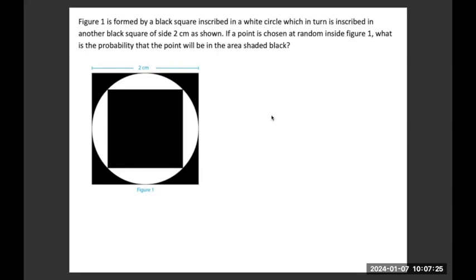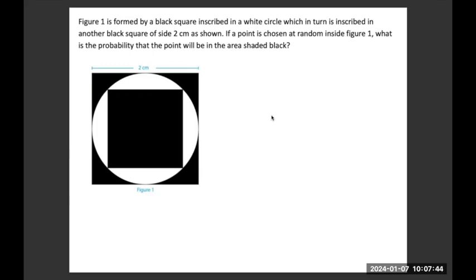That proportion is actually the probability, because it is a ratio which says this much percent is occupied by the black part, which is exactly the probability that a point will be in the black shaded area.